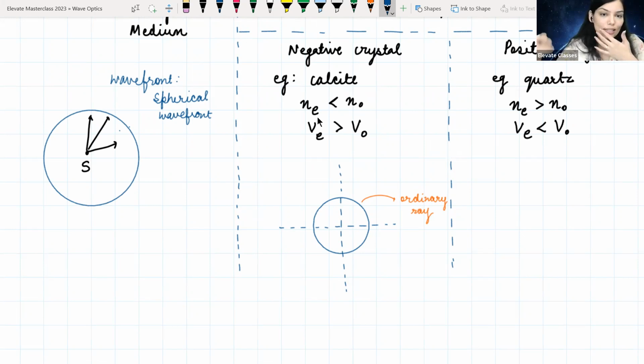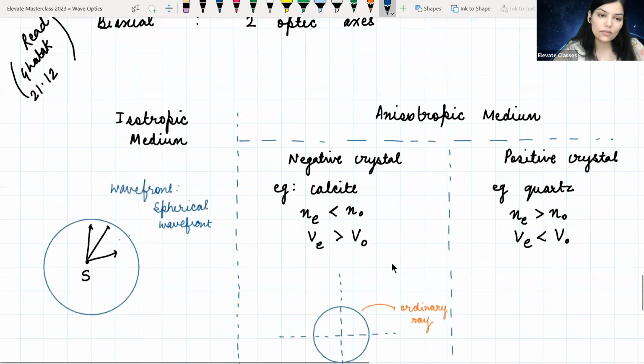So I know that whatever I'm going to draw corresponding to the extraordinary ray should be bigger in size compared to the ordinary ray, because the velocity with which the extraordinary ray is moving is larger. मतलब V जो उसका upper limit है VE हो गया है, which is bigger than V naught, okay, for a negative crystal.